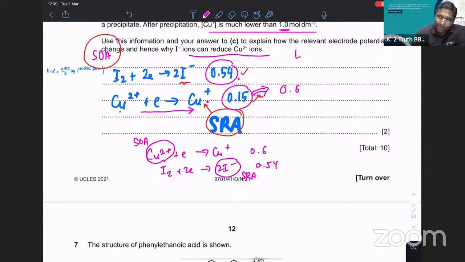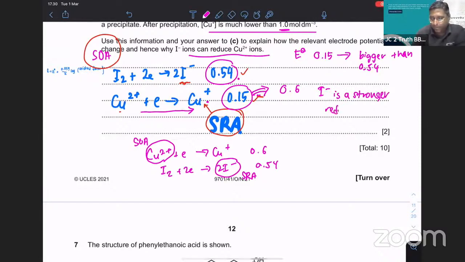So you just say the E value will change from 0.15 to bigger than 0.54. Once it becomes bigger, then I minus is a stronger reducing agent than Cu plus.